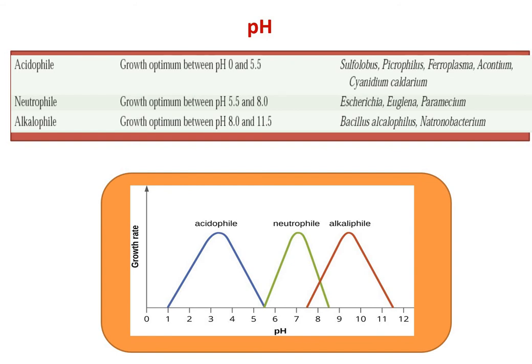Those microorganisms which love to grow in acidic mediums are acidophiles, those which find it favorable to grow in neutral medium are neutrophiles, and then we have the alkalophiles.